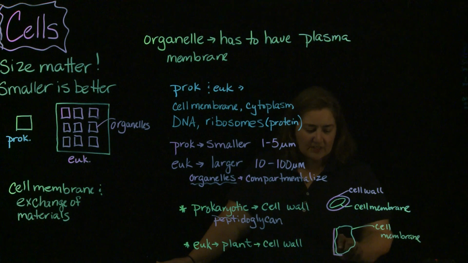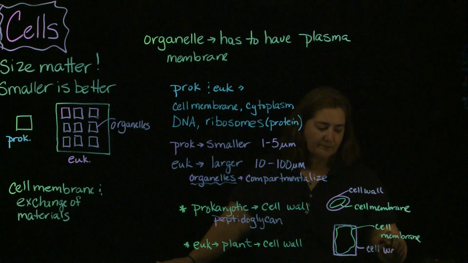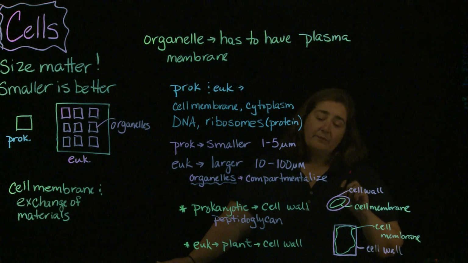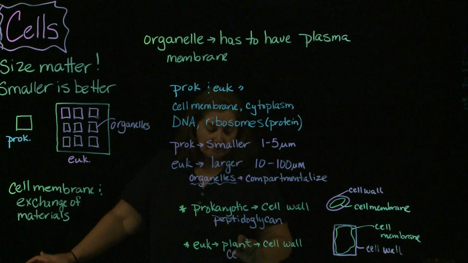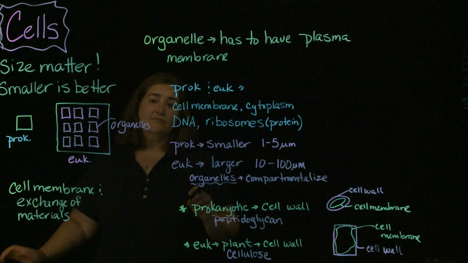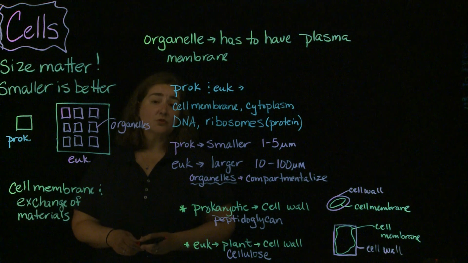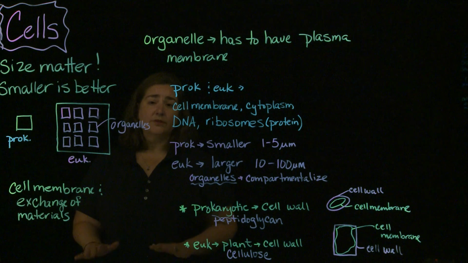And then you're going to have a rigid cell wall that surrounds the cell membrane as well. But the components that make up the cell wall of a plant cell versus a prokaryotic cell are very different. The plant cell wall is going to be composed of cellulose. All right, so it's a different material, kind of has the same function though, gives some structure to the plant cells as well.